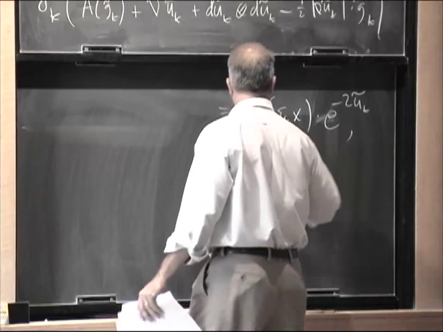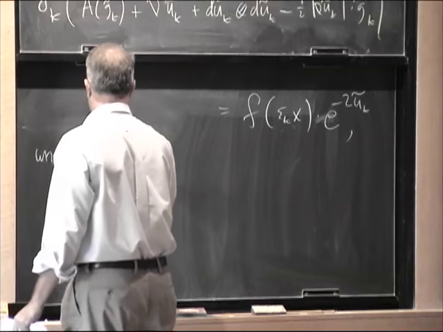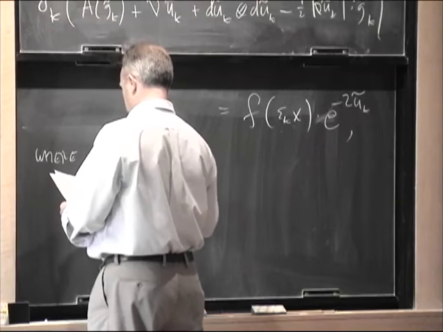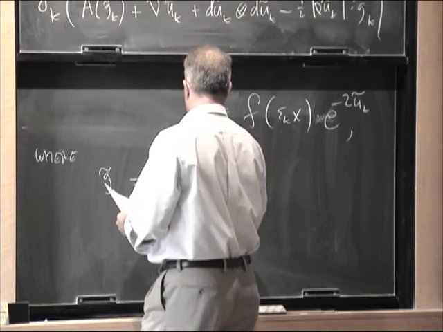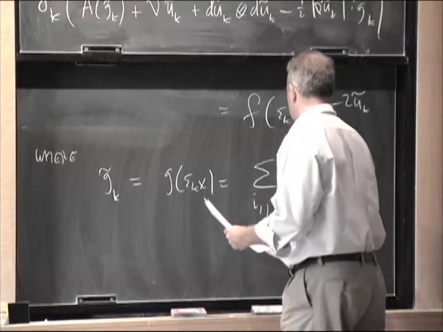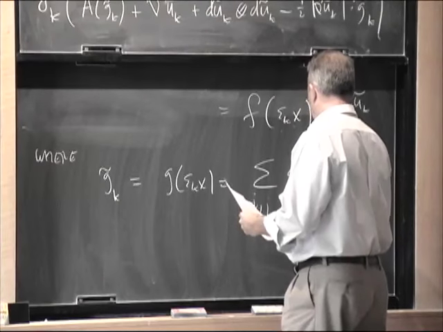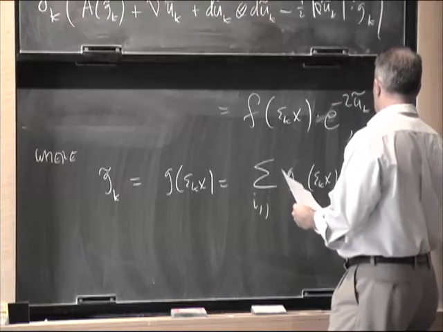Okay, so where g tilde_k, this is just the metric in dilated coordinates, so it's g of epsilon_k x. So component-wise, it's g_ij(epsilon_k x) dx^i dx^j.